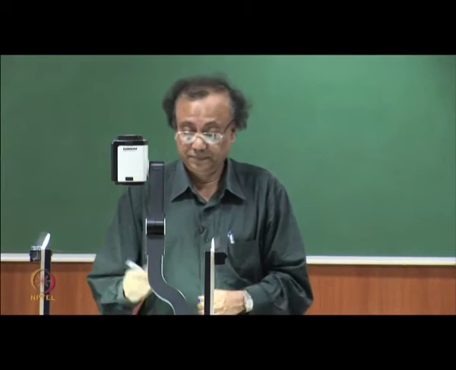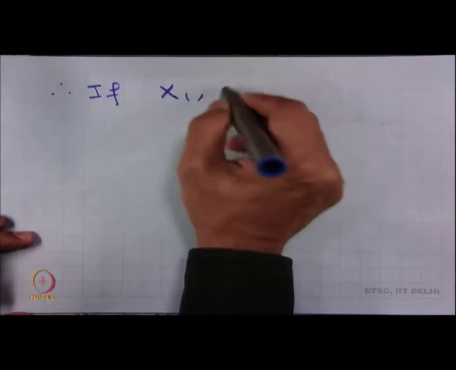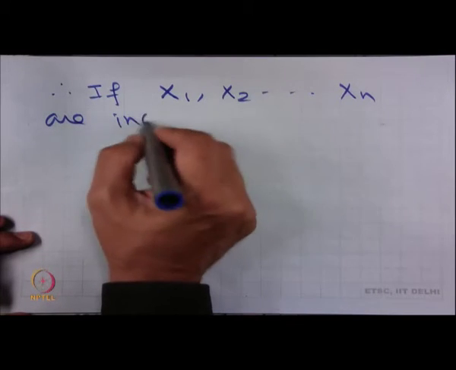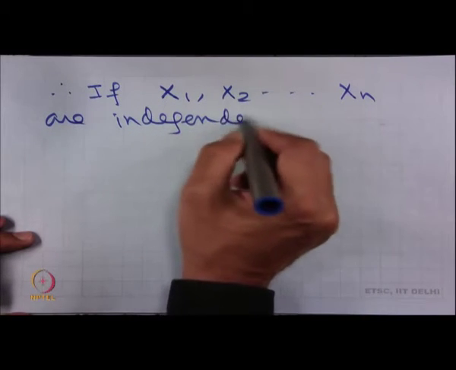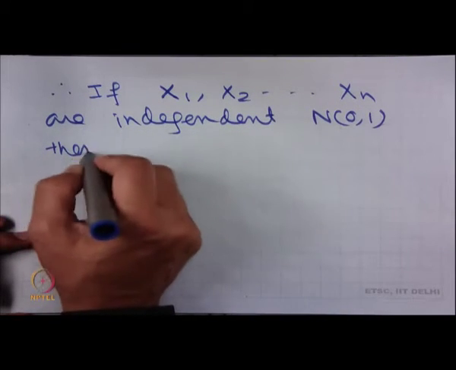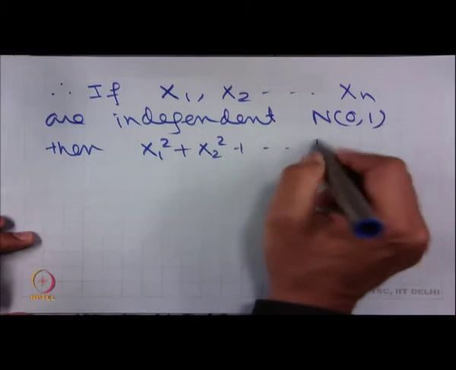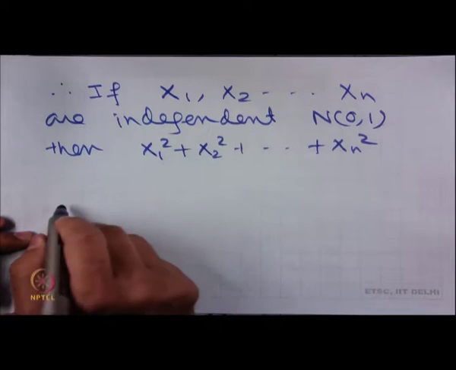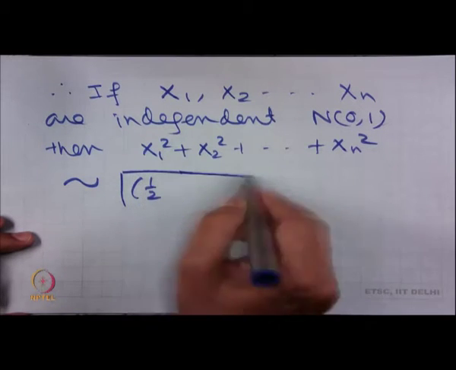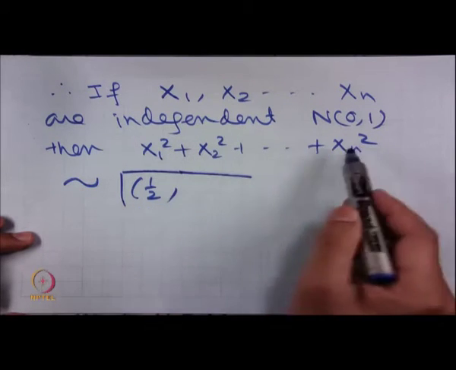In fact, if x 1, x 2, x n are independent normal 0 1, then x 1 square plus x 2 square plus x n square will be gamma with half, and the second parameter, it is half for each one of them.